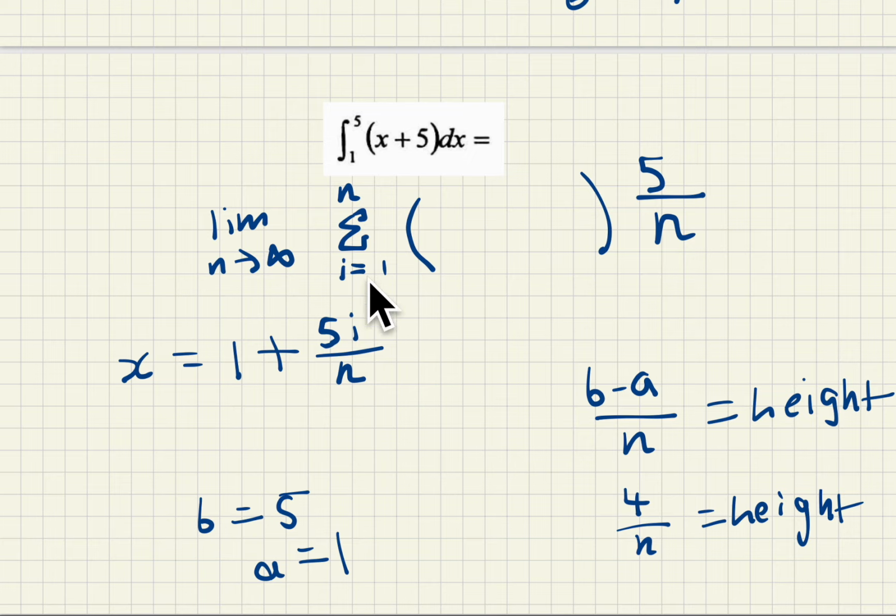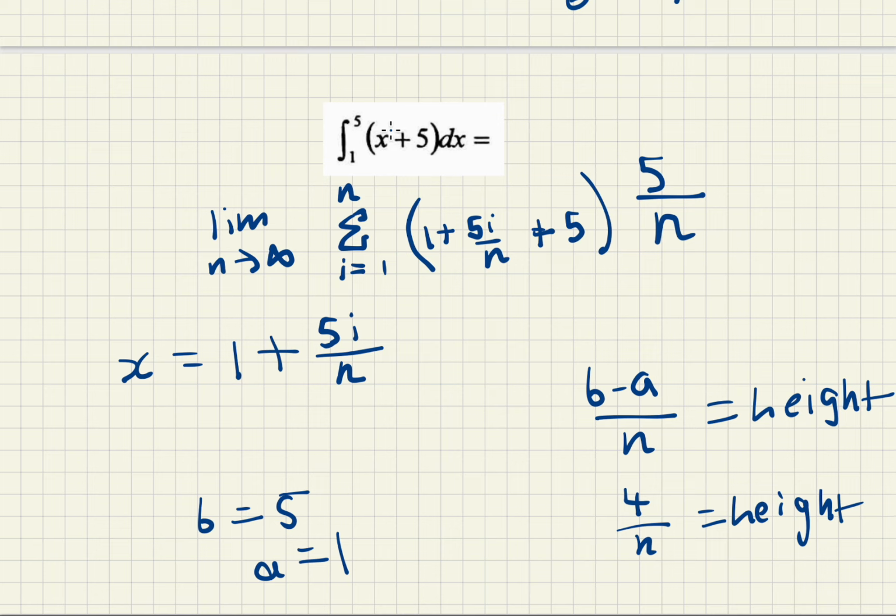Okay? So this is our x value. And so now we can just replace this with x. And then add 5.